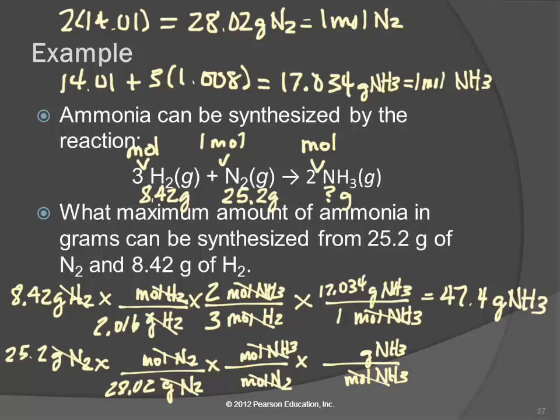The number in front of nitrogen in the equation is an implied 1, and the number in front of ammonia is still a 2, and the molar mass of ammonia hasn't changed, so we can just copy that one down. We don't have to calculate it again. That's your little bonus there. Like, woohoo. 25.2. You got to be thankful for the little things.